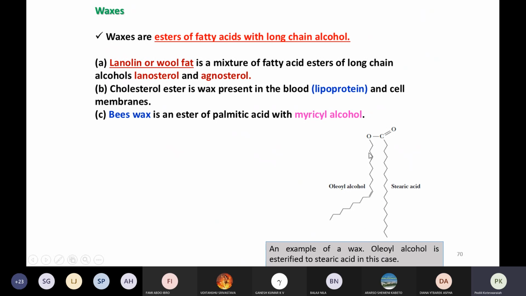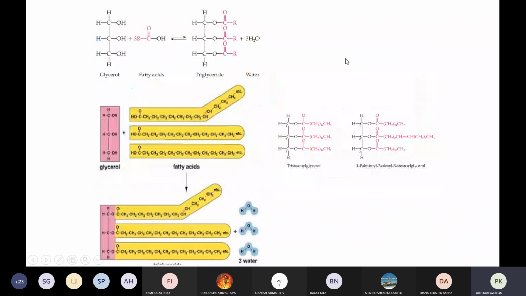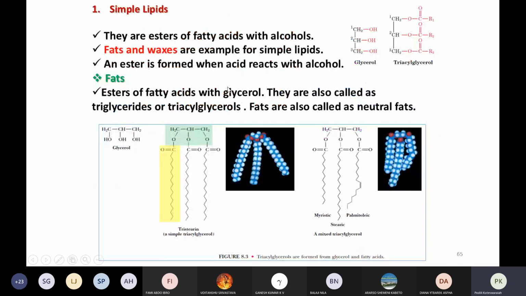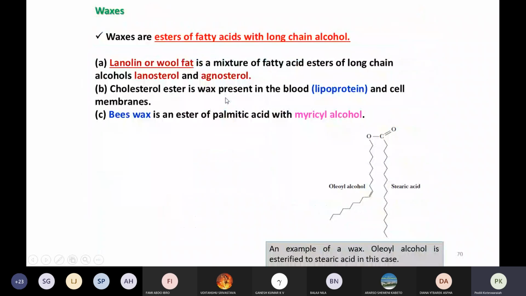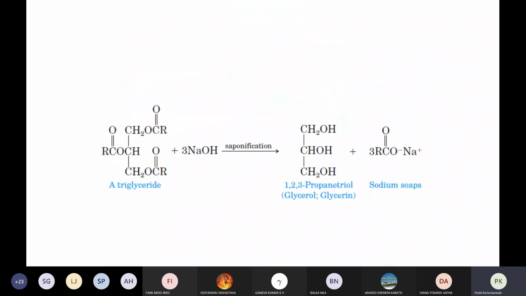This is a very long chain alcohol, and it is esterified here with stearic acid. So the waxes are the esters of fatty acids with very long chain alcohol, whereas triacylglycerols or fats are the esters of glycerol with fatty acids. And this is about the waxes and the fats.